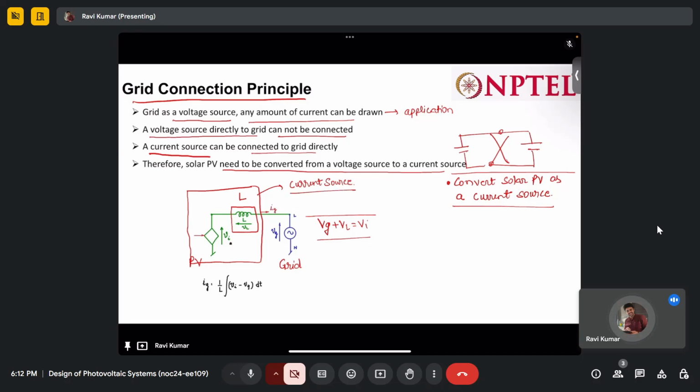This entire discussion is based on how we integrate solar PV to the grid.